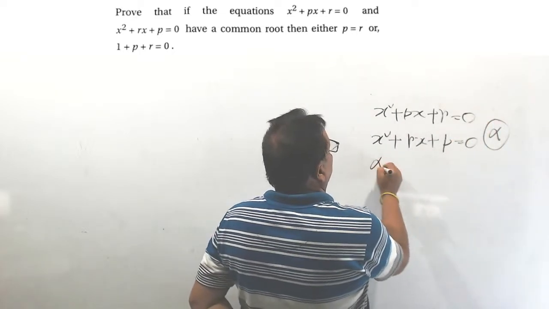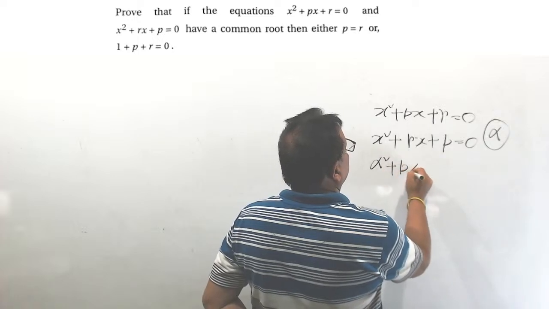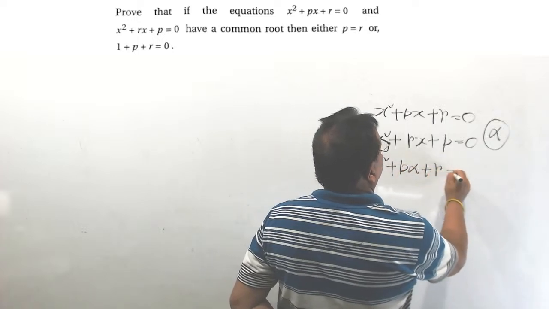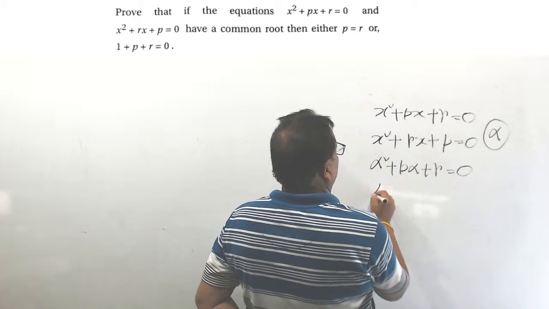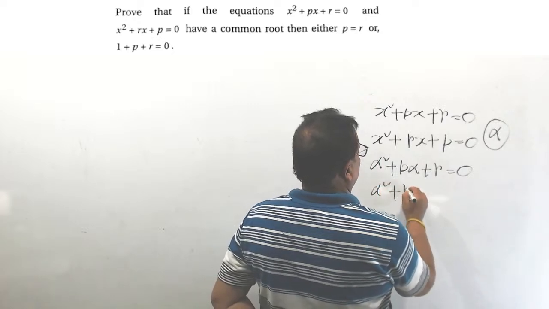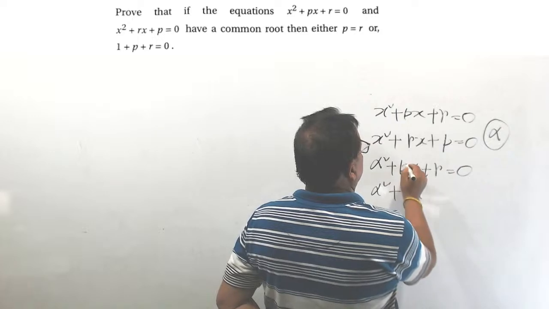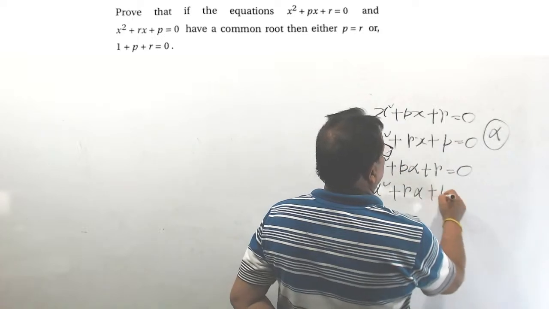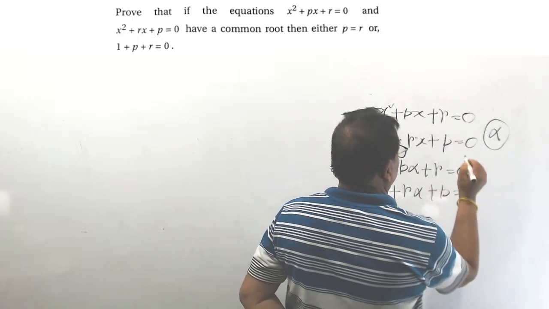So alpha square plus p alpha plus r equals 0, and alpha square plus r alpha plus p equals 0. Understood?